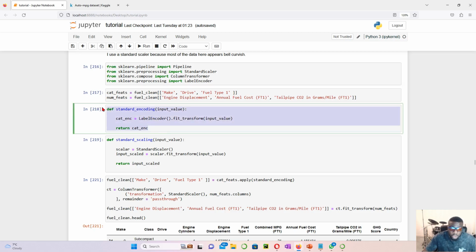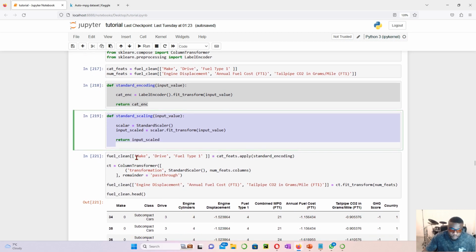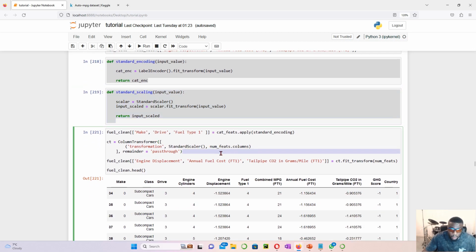Again, I make 2 functions, one to encode the categorical features, and the second function to scale the numerical features. Okay, because I don't want to have to manually scale the data and then have to do numpy arrays and then a pandas data frame to turn it back into a data frame and add it back to the data frame.